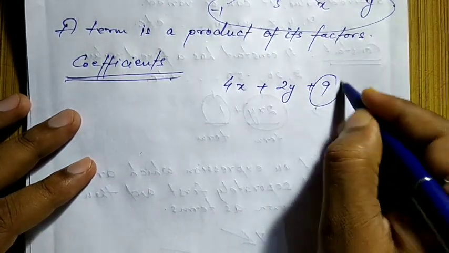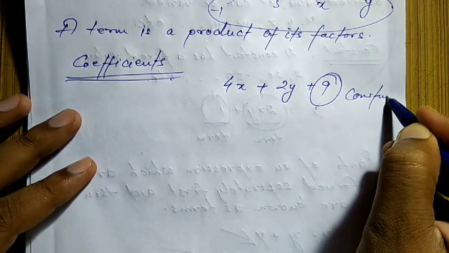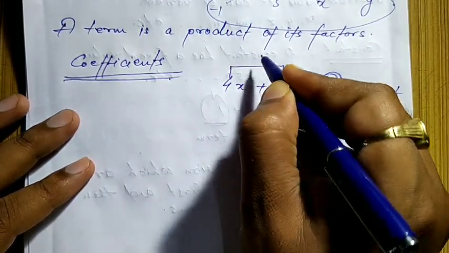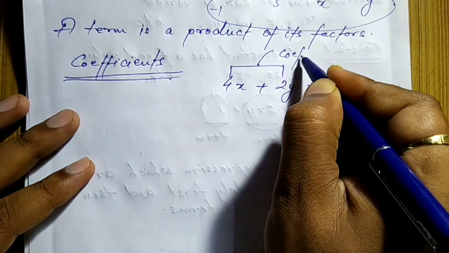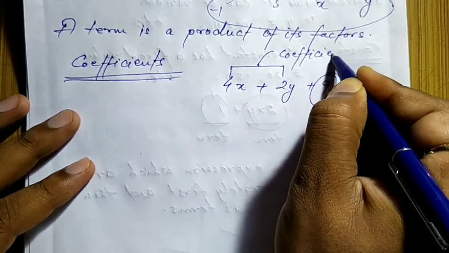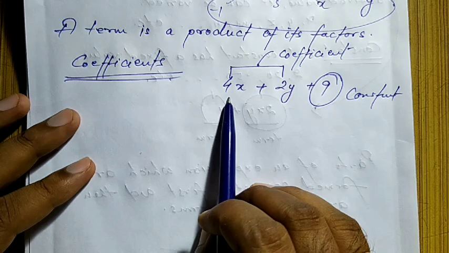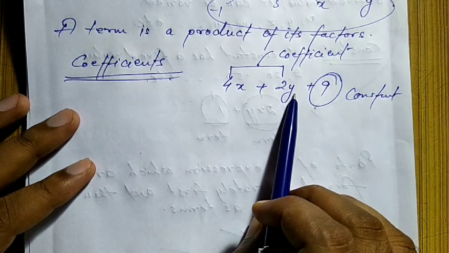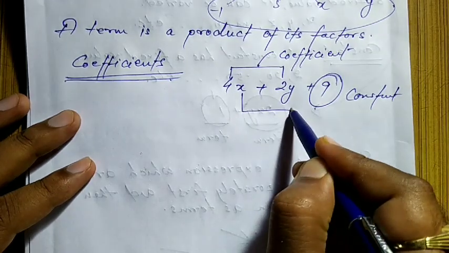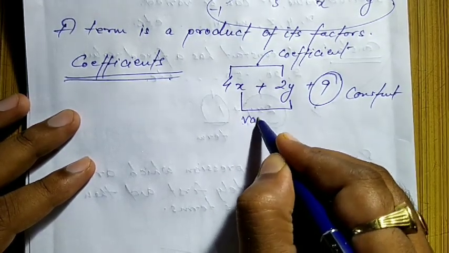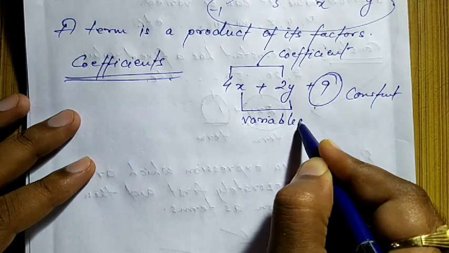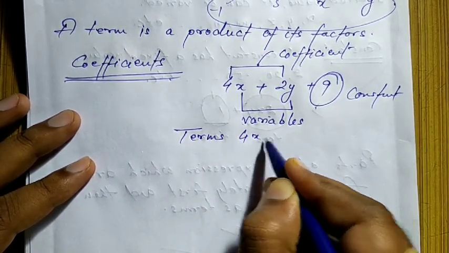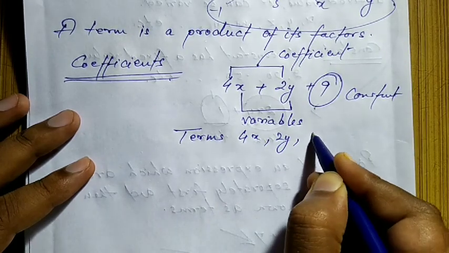So 9 is the constant, and this 4 and 2 are coefficients. It means 4 is the coefficient of x, and 2 is the coefficient of y. And x and y are variables. And the terms are 4x, 2y and 9.